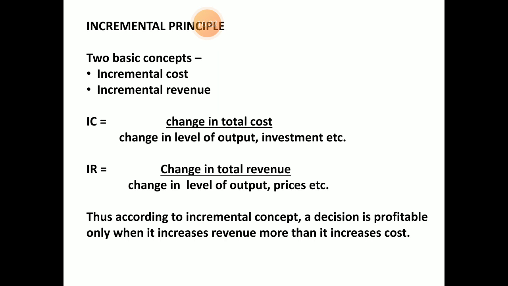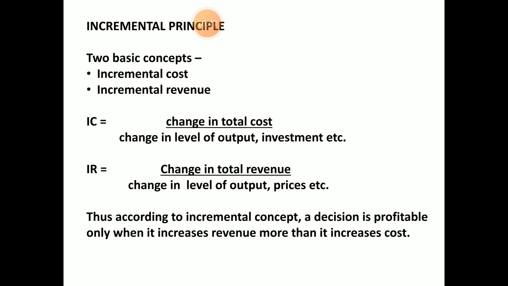Then the incremental cost is 20% divided by 10%. That is, the change in total cost is 20%, the change in the level of output is 10%. So the incremental cost will be 2%.